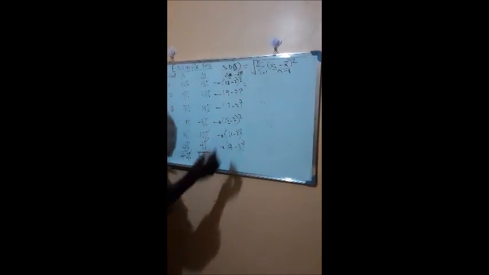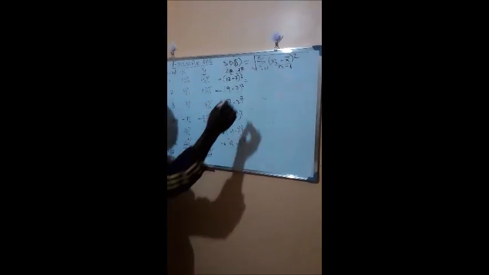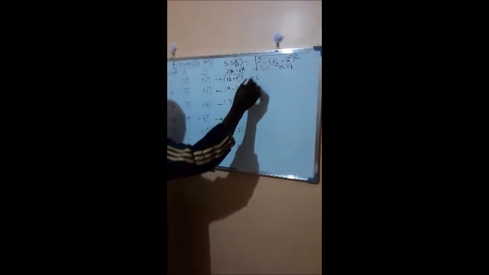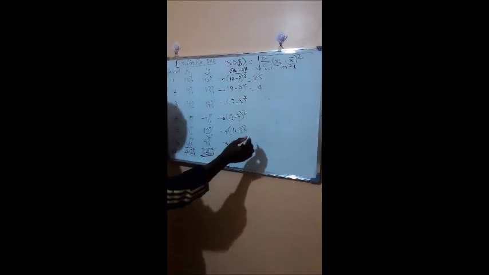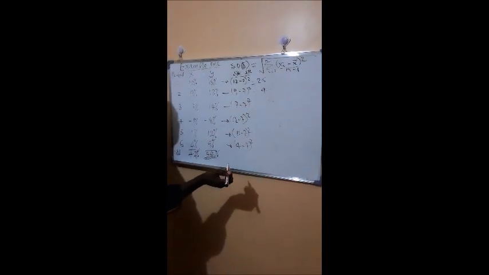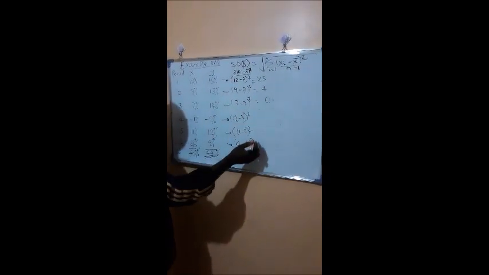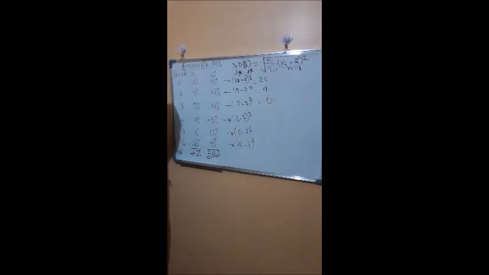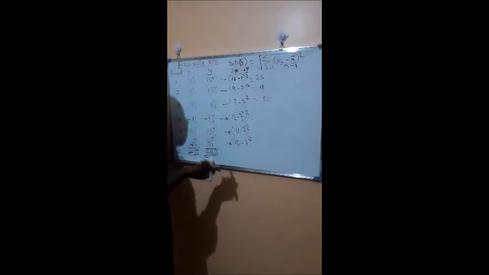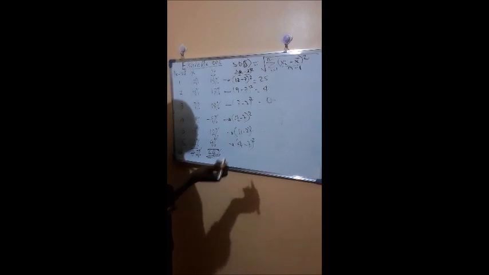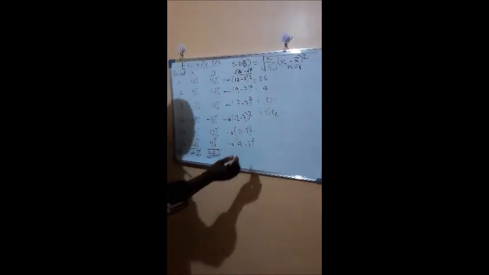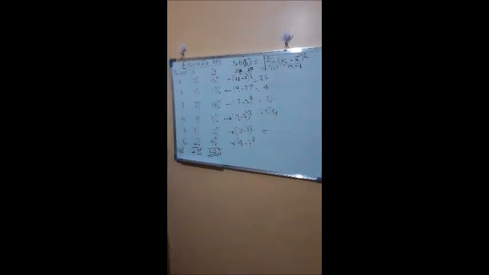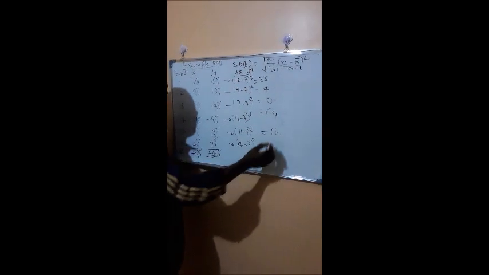For period 1, 12 minus 7 squared is 25. 9 minus 7, 2 squared, is 4. 7 minus 7 squared is 0. For period 4, 1 minus 7 is minus 6, squared is 36. For period 5, it is 11 minus 7, 4 squared, 16.